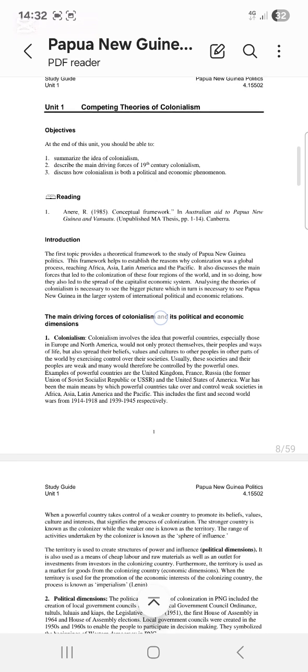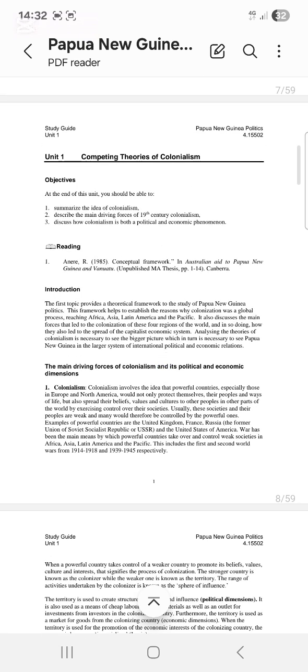Okay, so let's go back to the objectives and see if we can understand them and articulate them clearly. By now, we should at least be able to summarize the idea of colonialism.